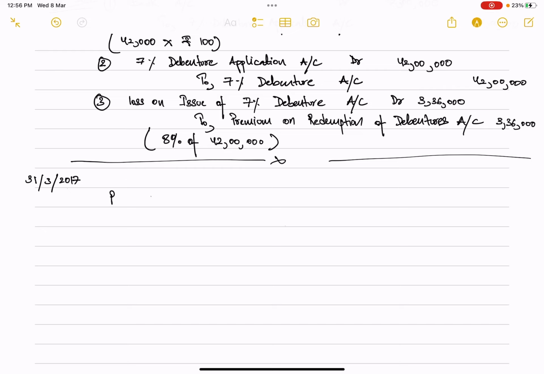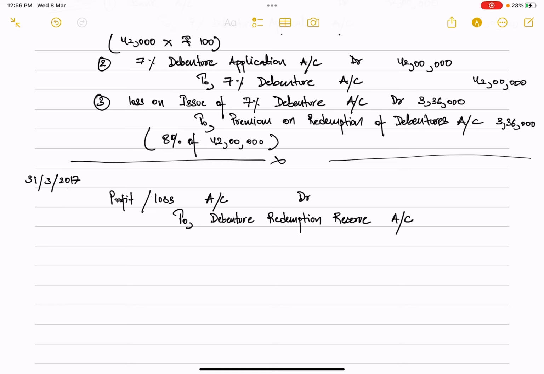That means the profit or loss account of the company will be debited, and this profit and loss is being used to create debenture redemption reserve. Also, in short form, you can write it as DRR account.